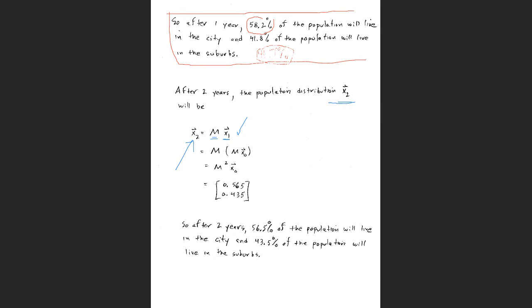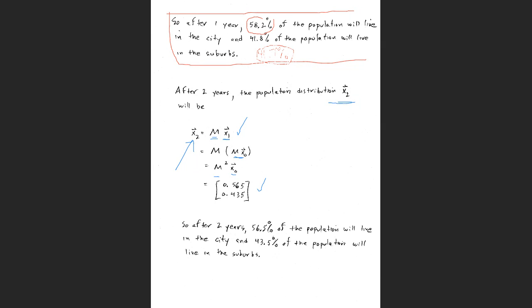But of course, remember, X1 equals M times X sub 0. So we could find X2 equivalently by multiplying M squared times X sub 0. And when you do that, you're going to get 0.565 and 0.435.